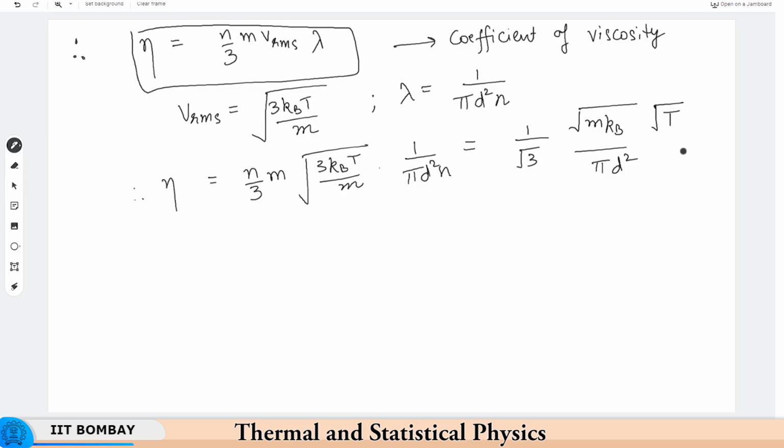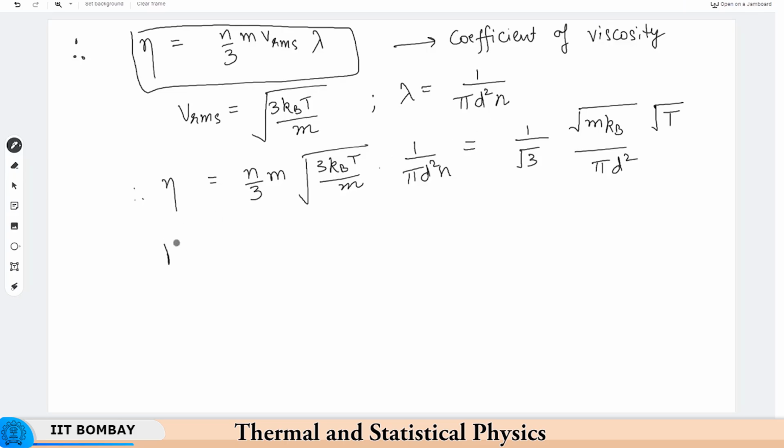Okay. So the important result here is that for ideal gases, remember this is still true only for gases. We are still assuming there are no intermolecular attractive forces, so this is very much in a gaseous phase.